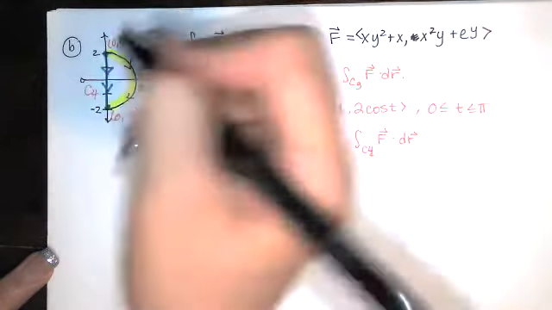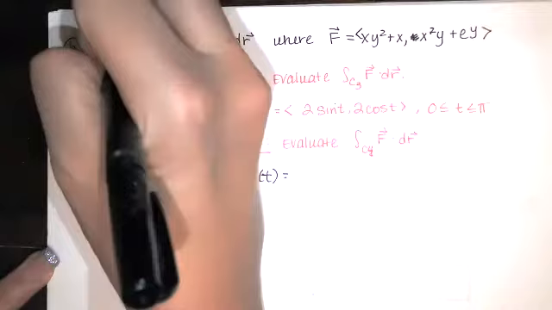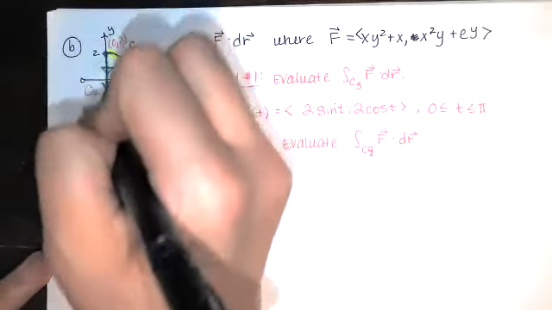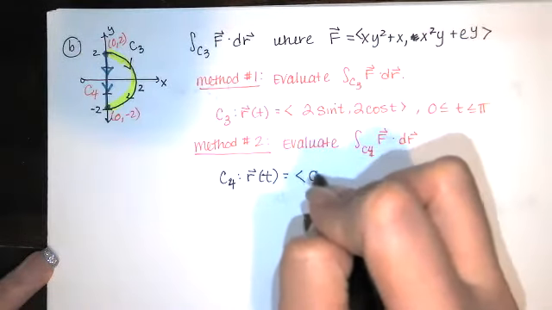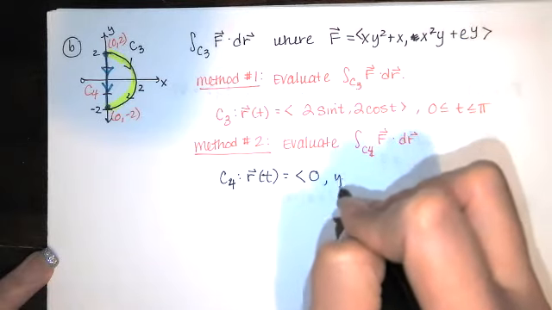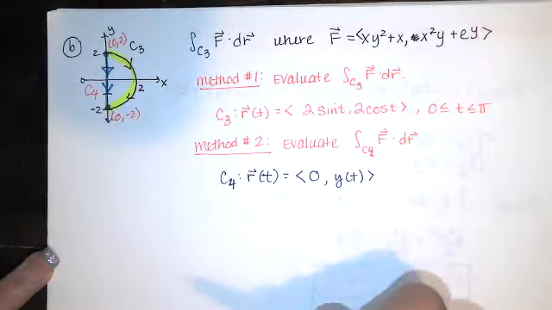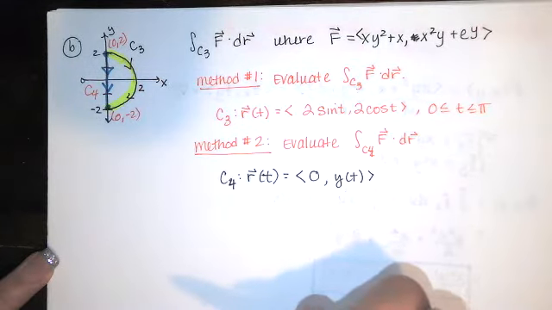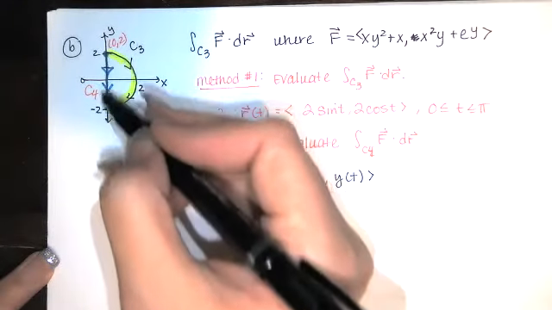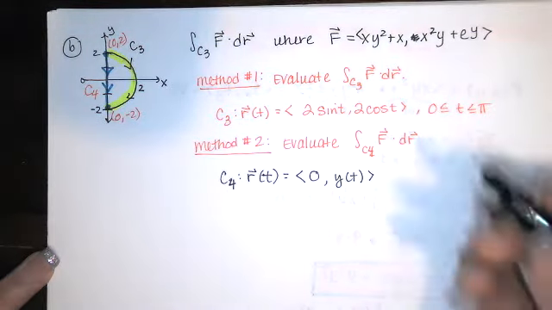Because on that little line segment, x is equal to 0 the whole time. And y runs from 2 to -2. Ooh. Y is going from a larger number to a smaller number.